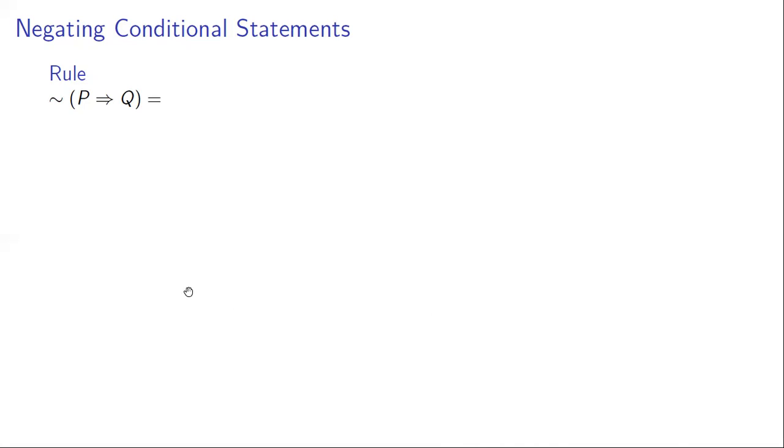So if we have not if P then Q, meaning it is false that if P then Q, that must be saying that P is true and yet Q is false. So this translates to P and not Q. If you're not comfortable with that explanation, you can make a truth table and show that these two statements are logically equivalent.